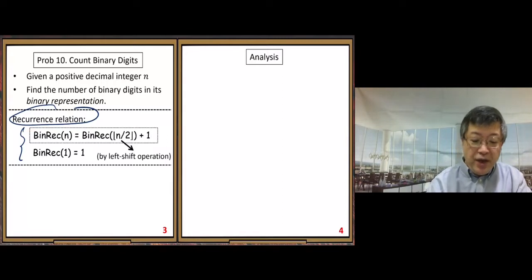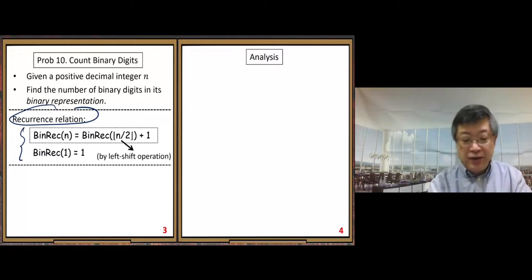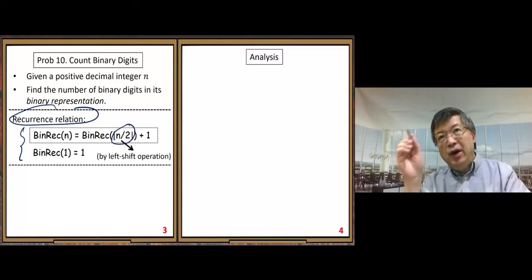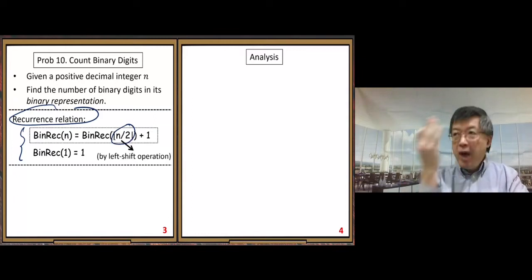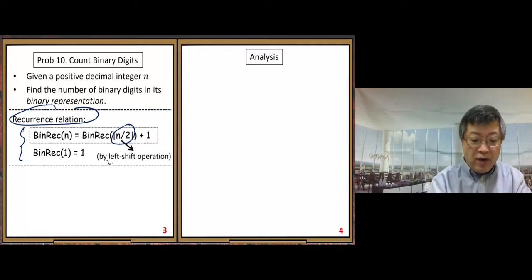Before I do the analysis, I want to point this out. Division, right? N divided by 2. Although on paper it is a division operation, actually it is a shift operation.